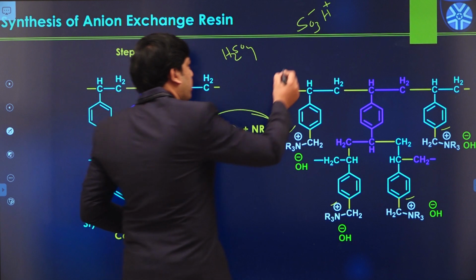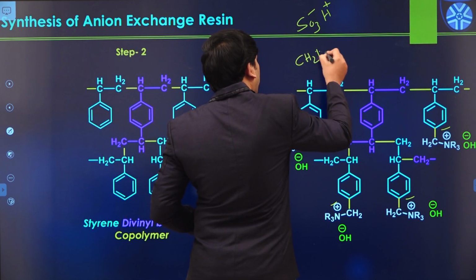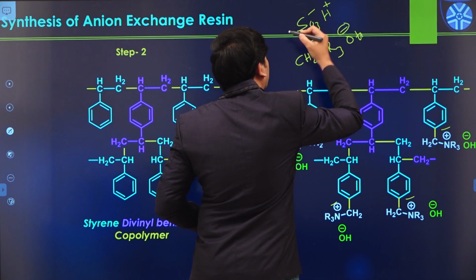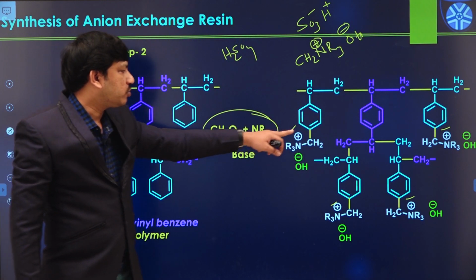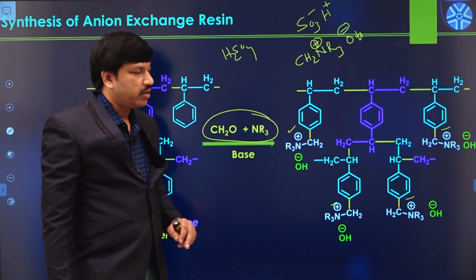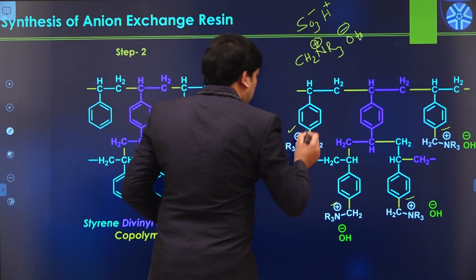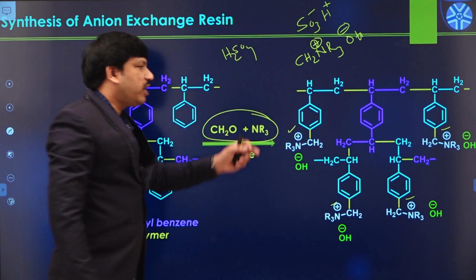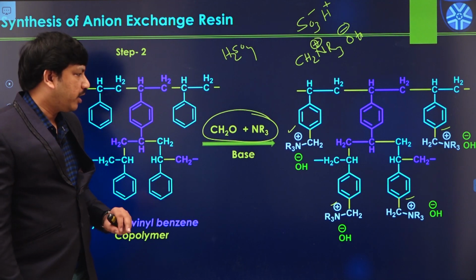Now this time we have a CH2NR3 plus and OH minus group. This group is attached to all the para positions of the styrene divinyl benzene copolymer in this manner. So due to this group, this resin molecule contains positive charge, and correspondingly we have a replaceable OH minus anion like this.